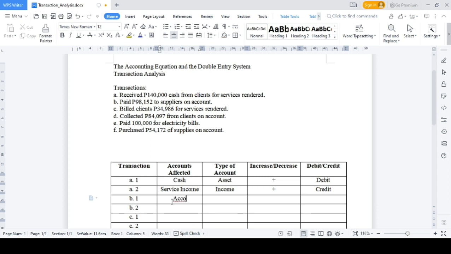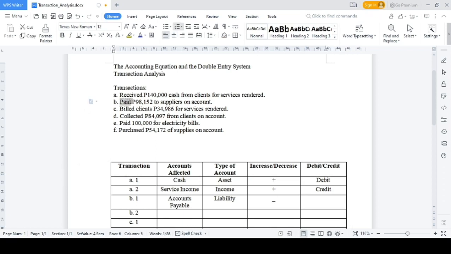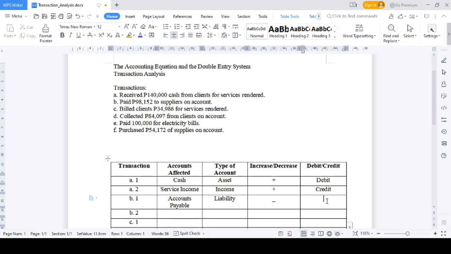So the first account is accounts payable. This is a liability account. It decreased since they paid, the word paid here. So the normal balance of liability is increase. So since this is not the normal balance, it is debit.